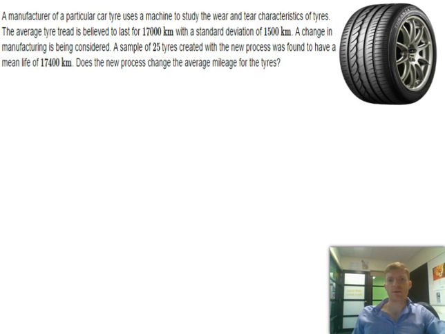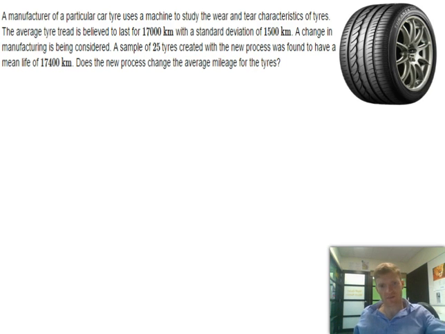Okay, let's consider this problem. A manufacturer of a particular car tire uses a machine to study the wear and tear characteristics of tires. So the average tire tread is believed to last for about 17,000 kilometers with standard deviation of 1,500 kilometers. And a change in manufacturing is being considered.